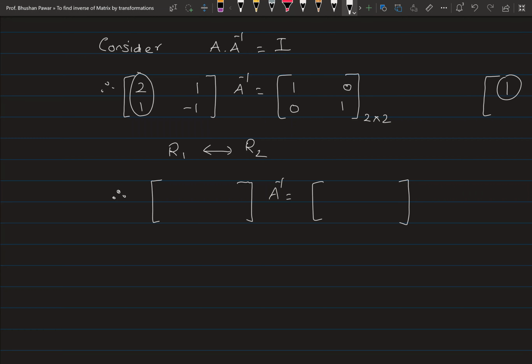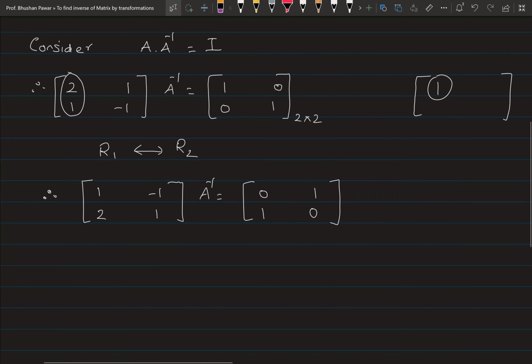The whole R2 from left as well as right will be shifted to R1, and the whole R1 will be shifted to R2. So we got this 1 over here as we had desired.